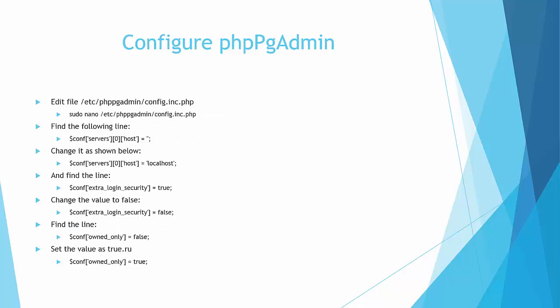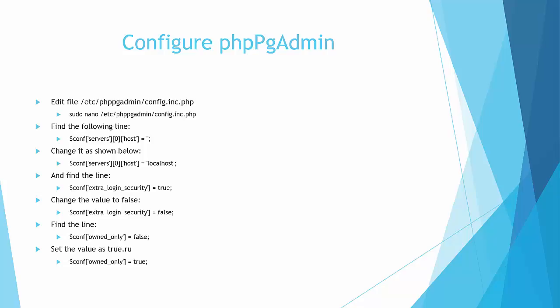Now how to configure phpPgAdmin. You need to edit the configuration file by sudo nano /etc/phppgadmin/config.inc.php. Then you need to find the line where you configure your server host and change it to localhost.